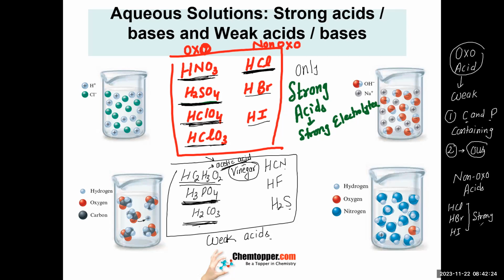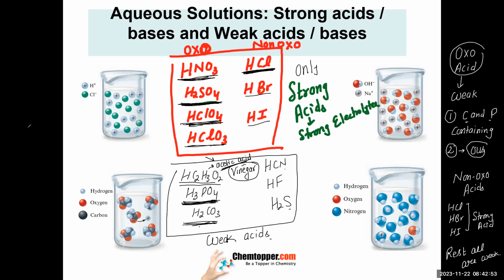Other than these, rest all are weak. Do you see any other non-oxo acid? Non-oxo means without oxygen. Rest all are weak. Write down these rules. They are going to play a very important role in Unit 8. So are we clear about it?